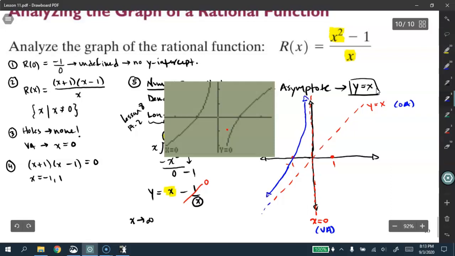As this oblique asymptote continues, the graph gets closer and closer to it. The other piece is very similar: it's coming in from the bottom, you thread the needle through the 1 like this, and then it goes that way. So there you go.